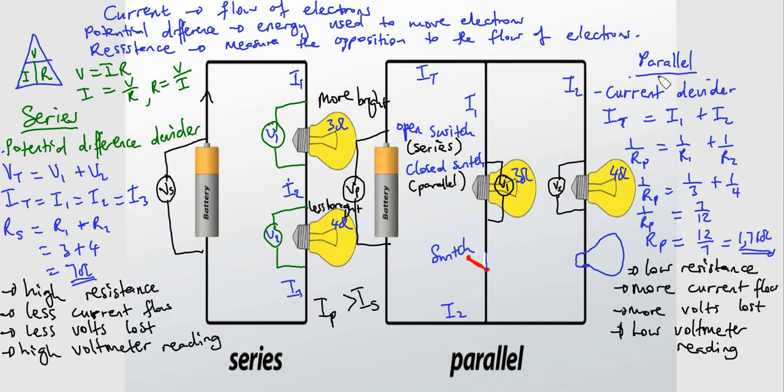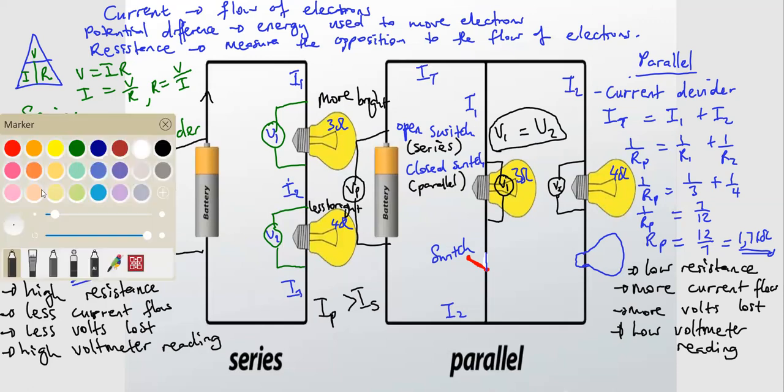Just like the current that is the same throughout here, here we are also saying V1 is equal to V2. So the voltage in parallel is equal. That's what we need to remember. Always remember that here it's equal.